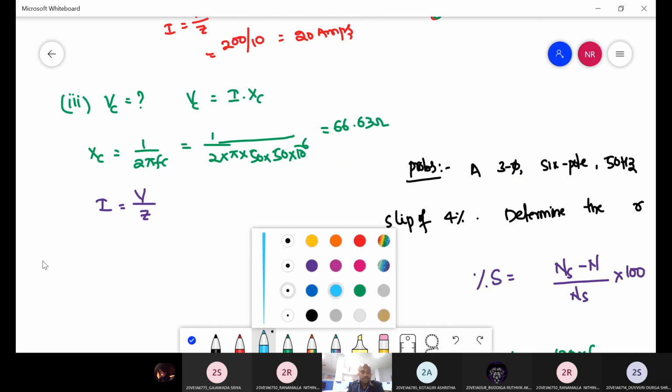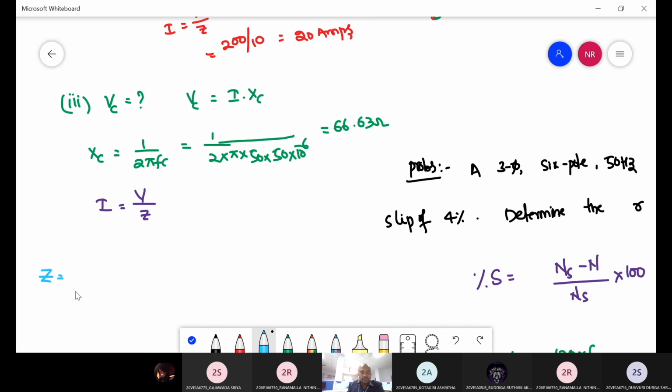So we have to calculate Z. Z is equal to under root of R square plus XL minus XC whole square. R is known, XC we have now calculated. Then calculate XL here.